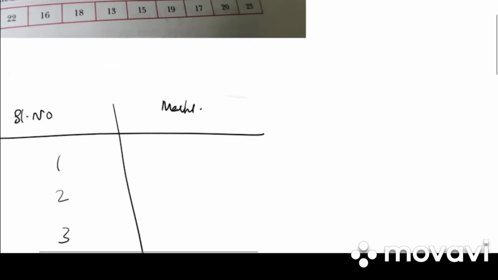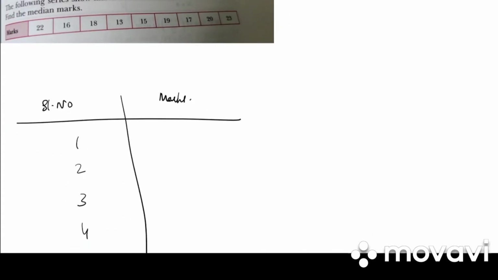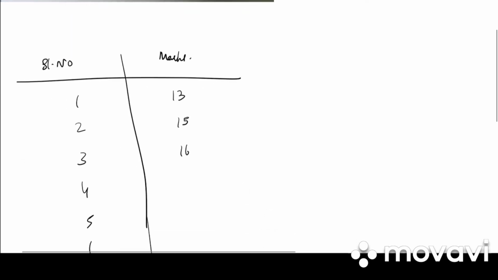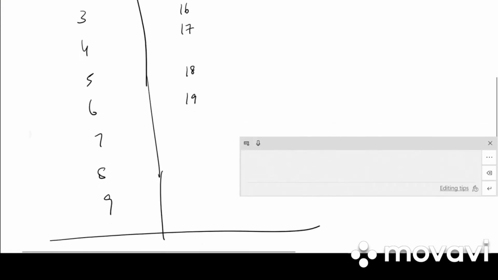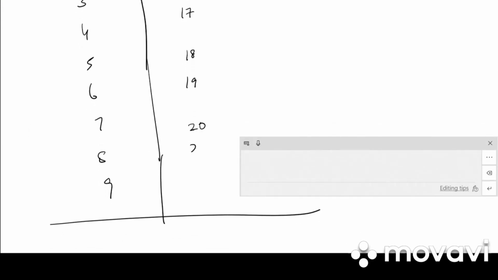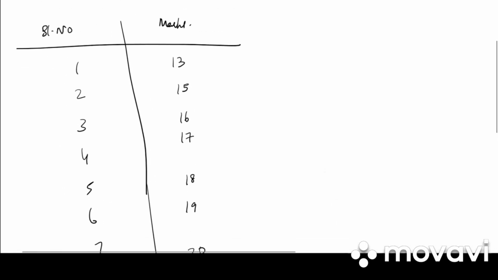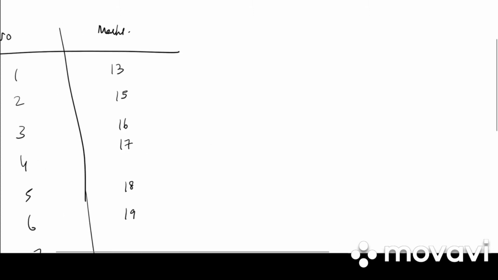First step is to arrange it in ascending order. What is the lowest value? It is 13. Then we have 15, 16, 17, 18, 19, 20, 22 and 23. So how do we find median?